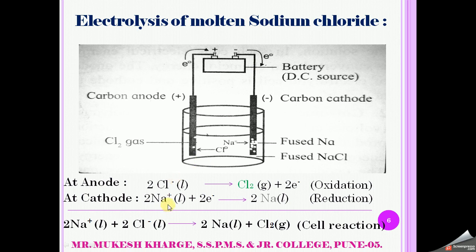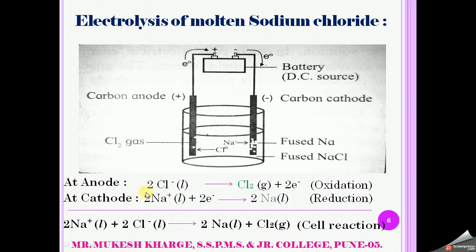So 1 Na plus accepts 1 electron, 2 Na plus accept 2 electrons to give 2 Na in molten or fused state. So here the gain of electrons by Na plus gives a neutral sodium atom. It is a reduction reaction and it takes place at the cathode.